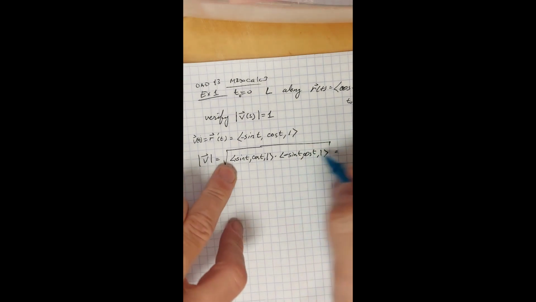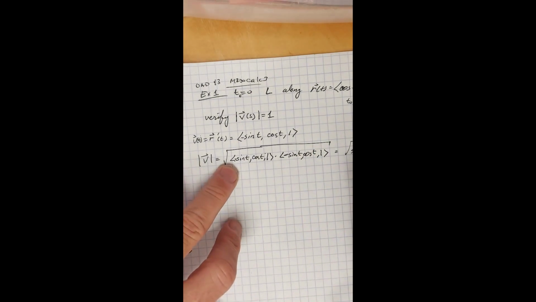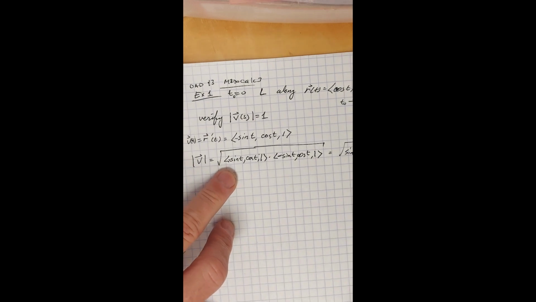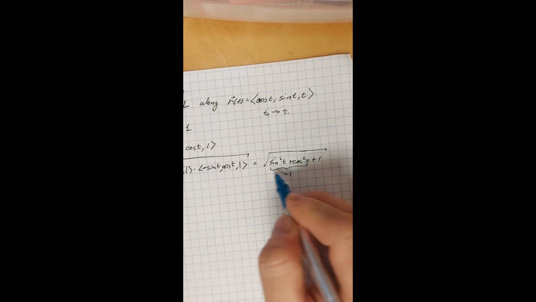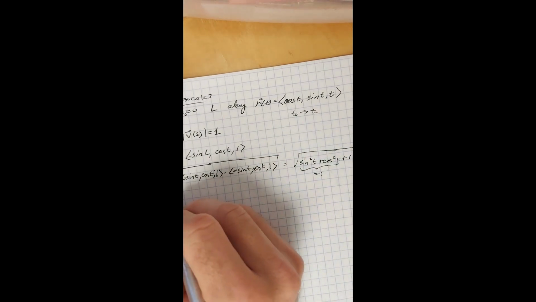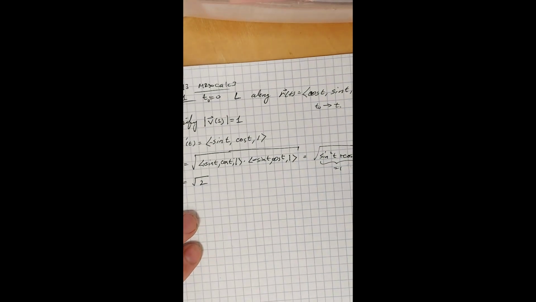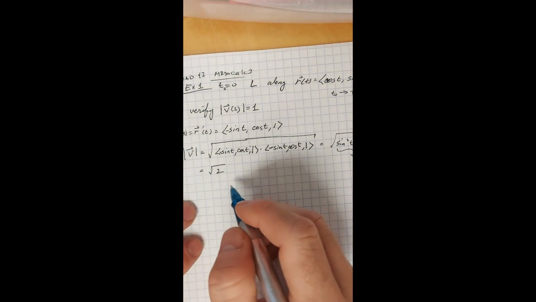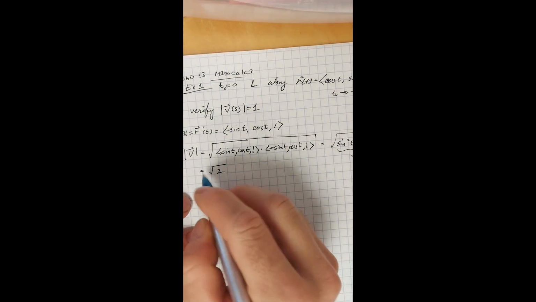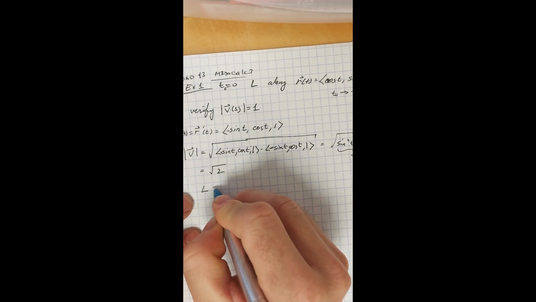You get sine squared t plus cosine squared t plus 1 squared, and sine squared plus cosine squared equals 1, so you get 1 plus 1. So the measure of this distance is the square root of 2.